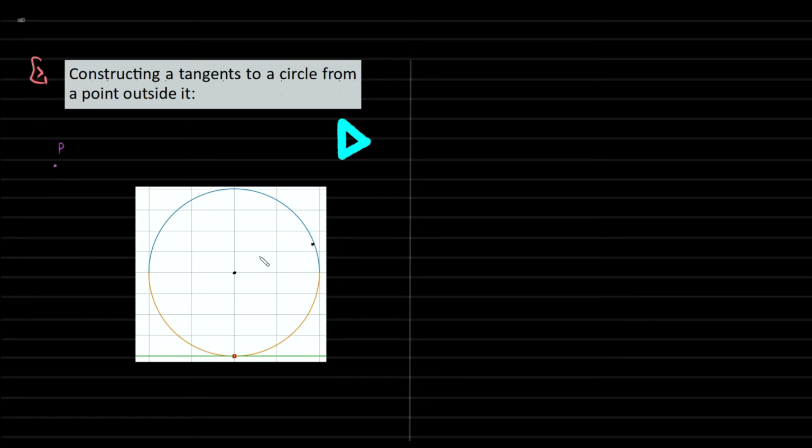Well, it's quite simple. First thing is join OP from the center to that external point, and then bisect it using a perpendicular bisector. So you would get something like this. That would be your midpoint.